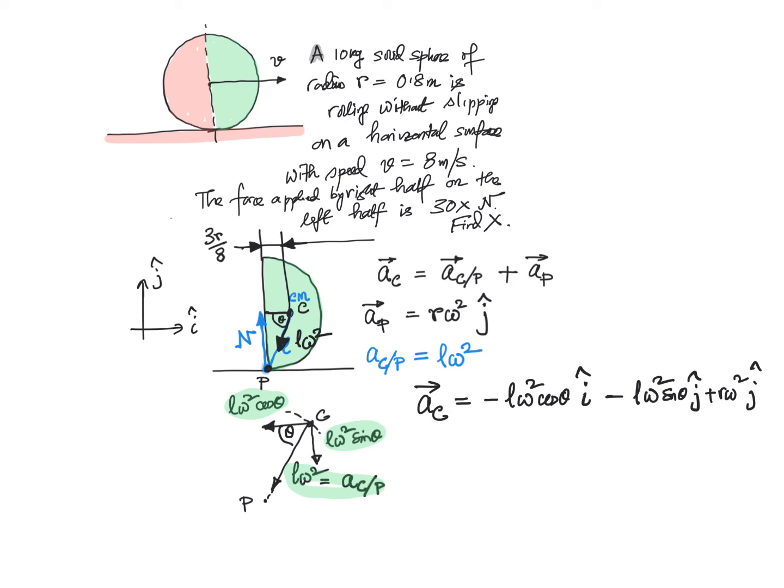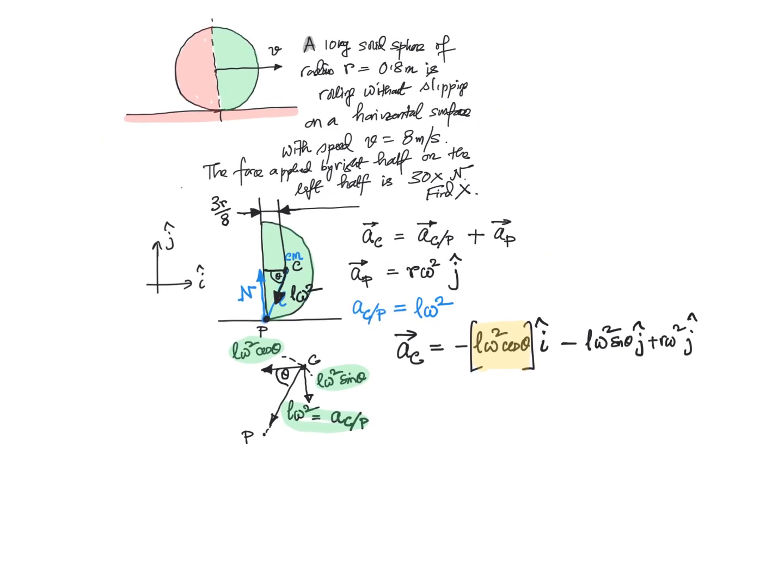By the way, we'll concentrate on this one component, the x component, L omega square cos theta. That's the component along the negative direction of x axis. So acceleration of C, its x component, is minus L omega square cos theta.